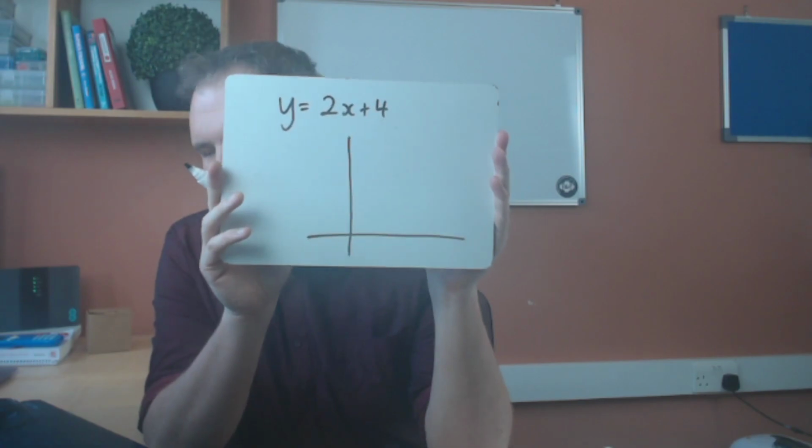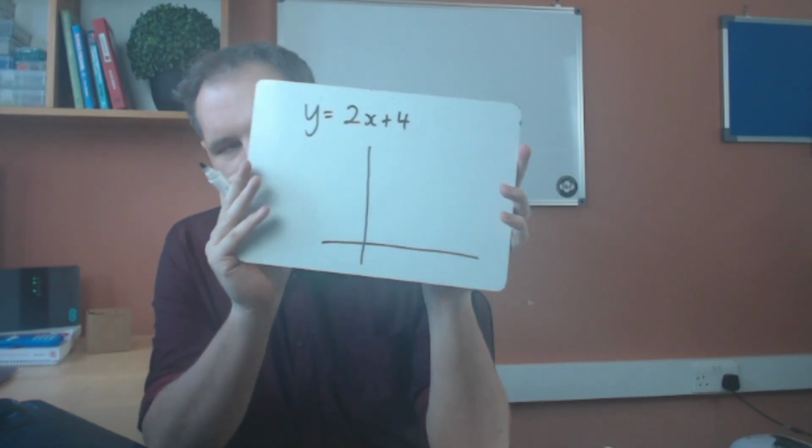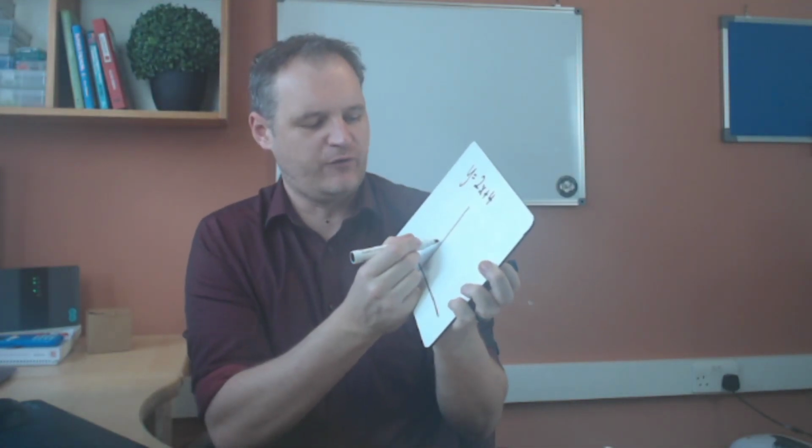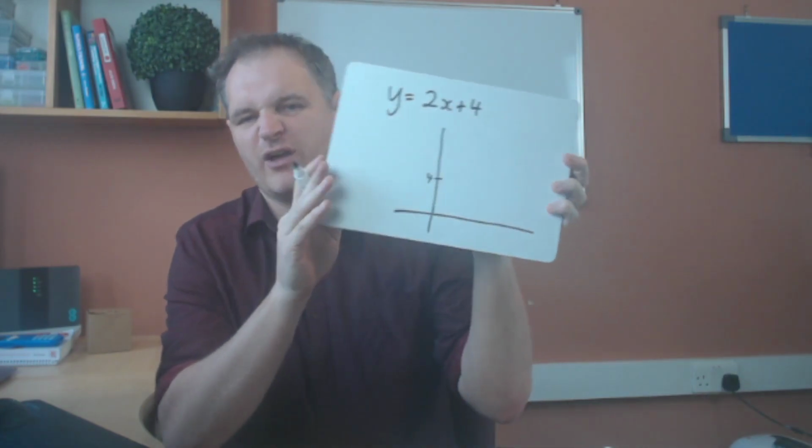Just to show you what that means. If I'm asked to draw y equals 2x plus 4, here is my y equals 2x plus 4 and I've written it down. The first thing I'm going to do is go to 4. I'm not even going to write the whole scale out.